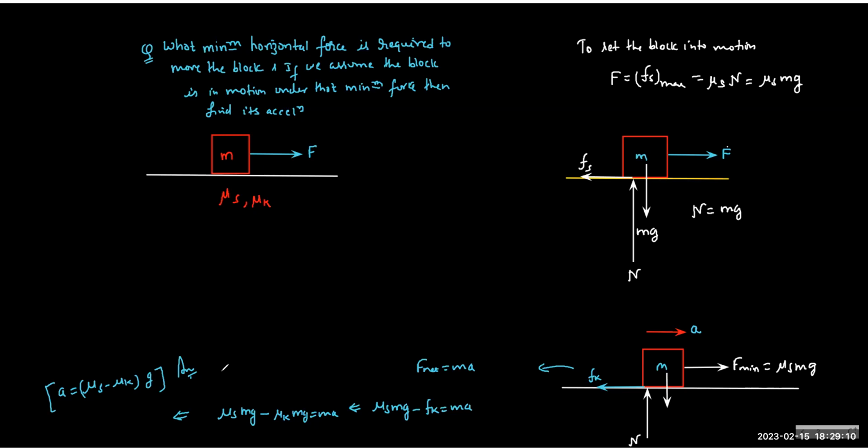This is what we discussed in the last lecture: it is always difficult to start the motion than to continue it. To start the motion, we need to overcome the static friction, but to continue the motion, we need to overcome the kinetic friction. And because I'm still applying a force equivalent to the limiting friction, during the motion it will be bigger than the kinetic friction, and therefore the block will accelerate.